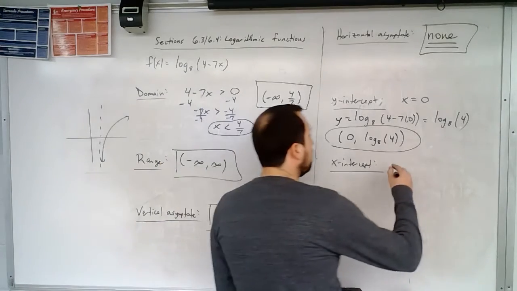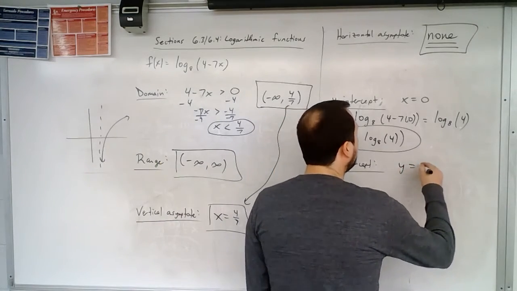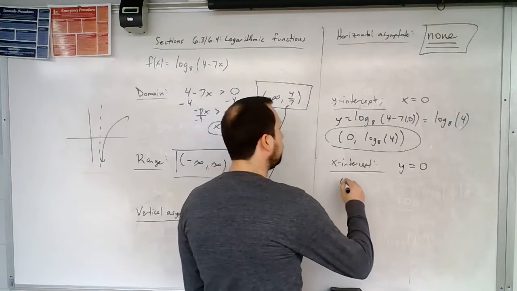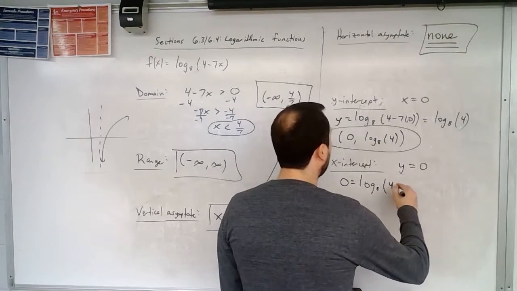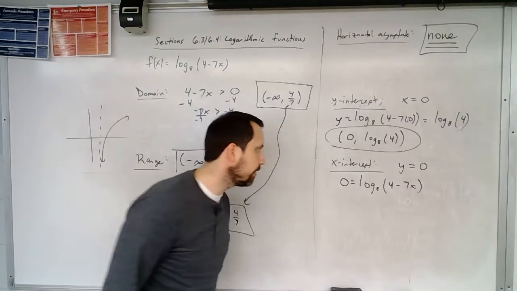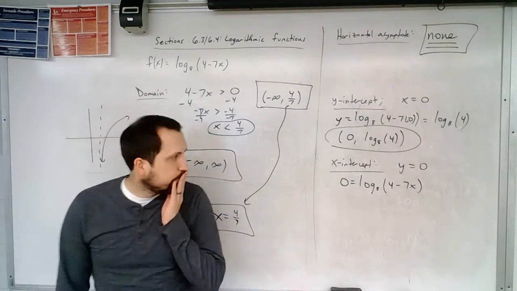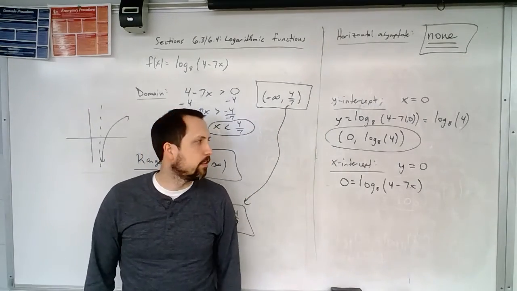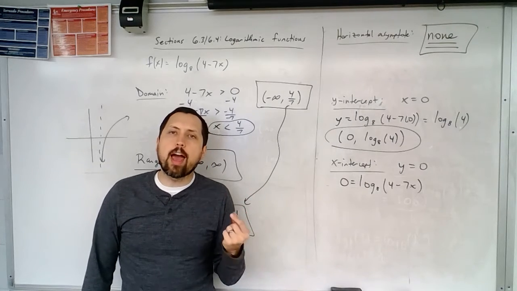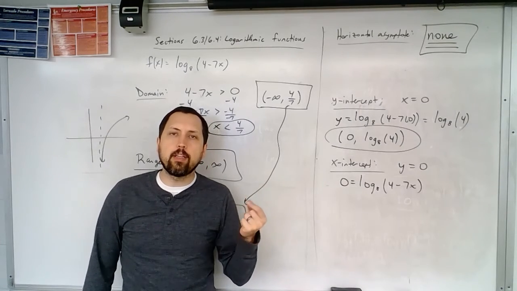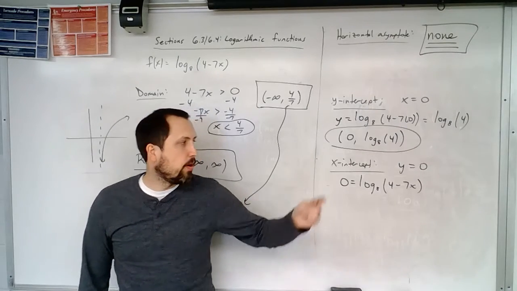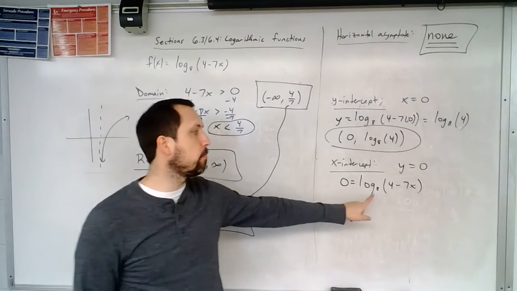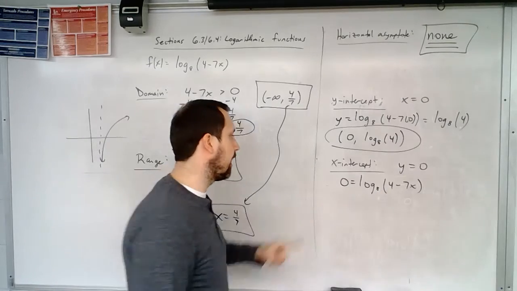Our x-intercept, now this is where we set y equal to 0. So now I have 0 is equal to log base 8 of 4 minus 7x. Now I'm trying to solve for x. Your go-to strategy at this point should be, can I convert it to exponential form? So if we think about converting this to exponential form, I have my base raised to the exponent.